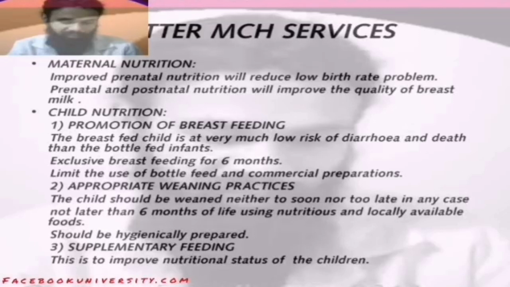Okay. Appropriate weaning practices. The child should be weaned neither too soon nor too late, not later than 6 months of life, using nutritious and locally available foods, and they should be hygienically prepared.